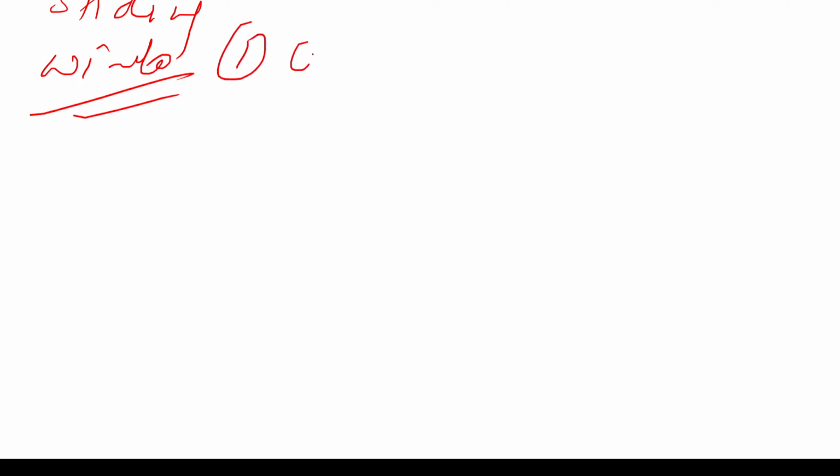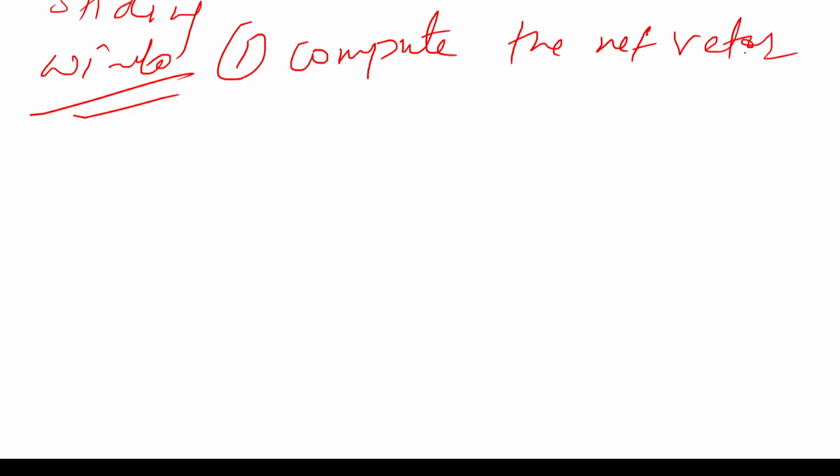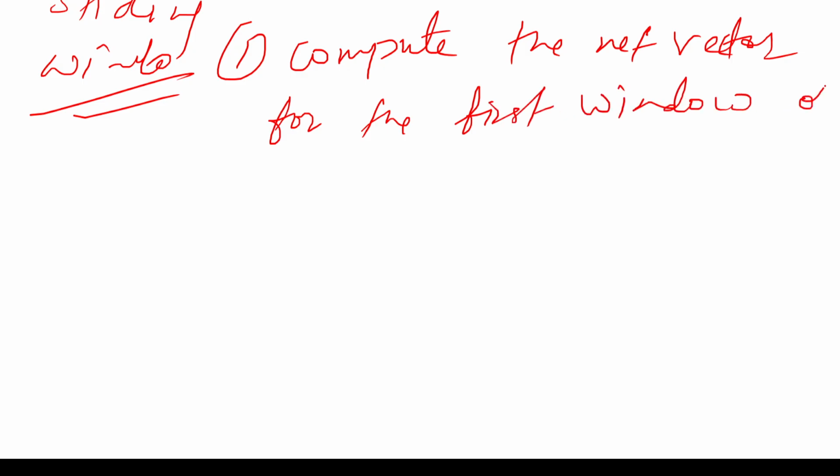Let's understand it. Sliding window. Very first we'll compute the net vector for the first window of size k.